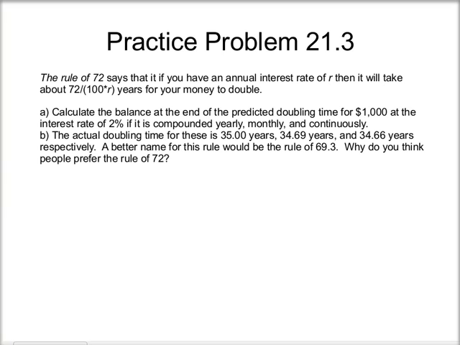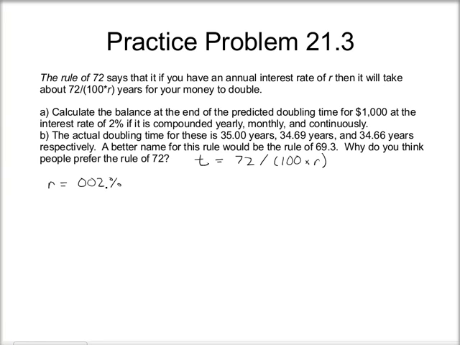So the first thing I need to do is find the predicted doubling time. I'm going to call that T, and T is equal to 72 divided by 100 times R. So R is my interest rate, which is 2%.